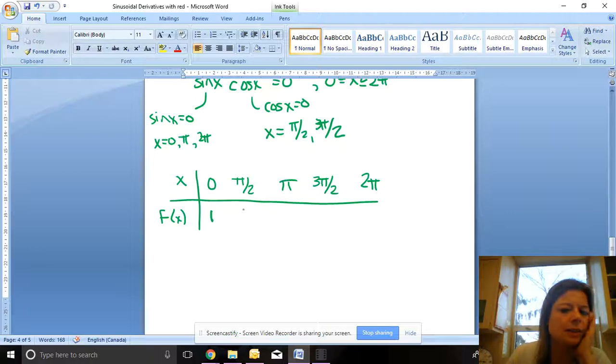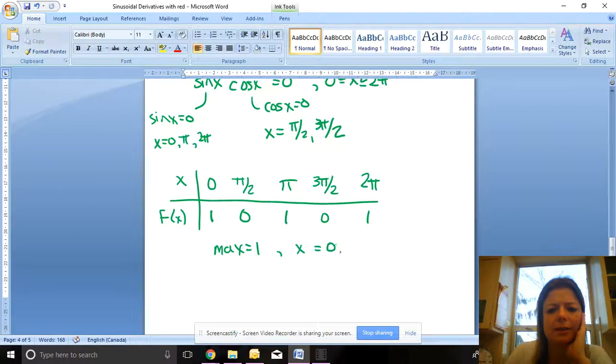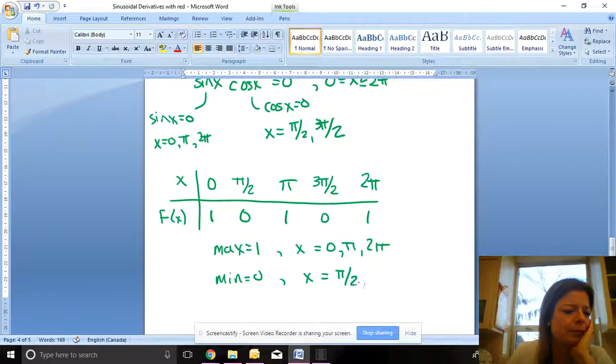When you put this into the function, you get 0. This you get 1, this you get 0, and this you get 1. So the max is actually equal to 1. So that occurs at x equals 0, pi, and 2 pi. And my min is 0, which occurs at x equals pi over 2 and 3 pi over 2.